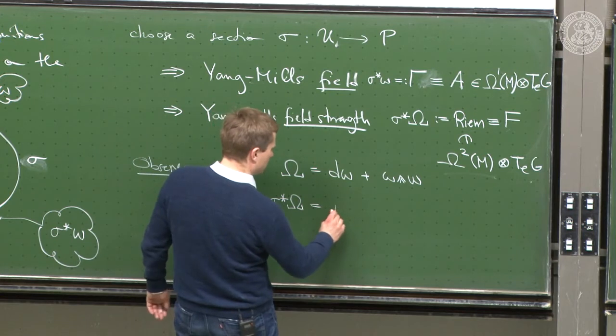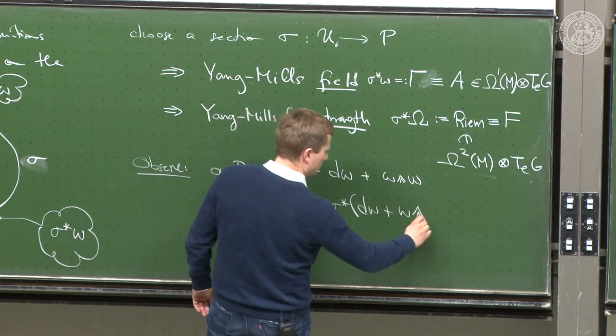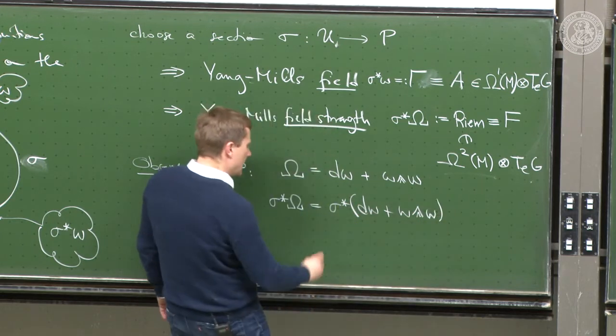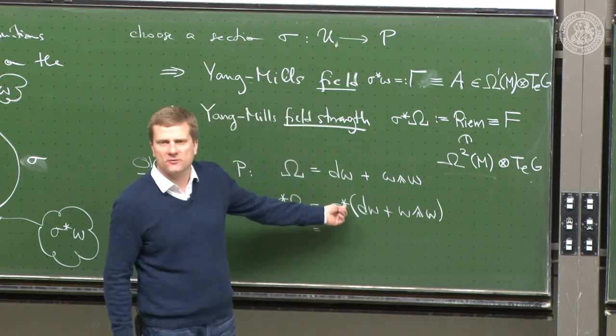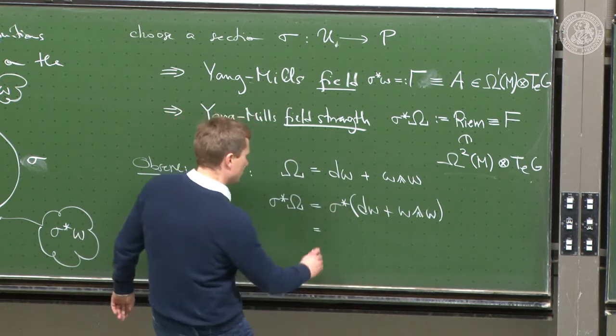Then, of course, this is the pullback of the right-hand side. Okay? But now, the pullback is, of course, linear. That means it distributes over this plus.